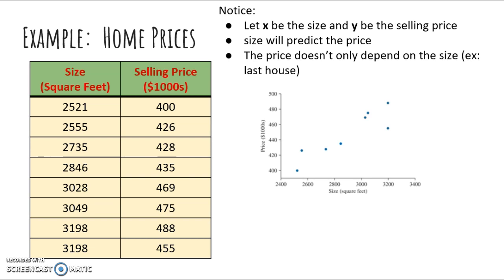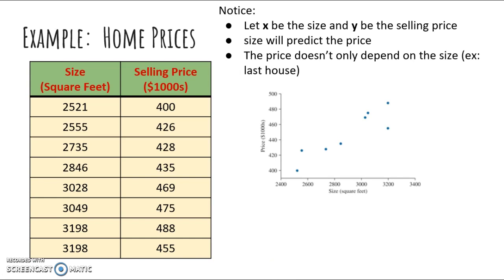And the reason we know this is look at the last two houses. They're the exact same size. They're both 3,198 square feet. And one is 488,000, and the other is 455,000. So two different prices, and they are the same size.